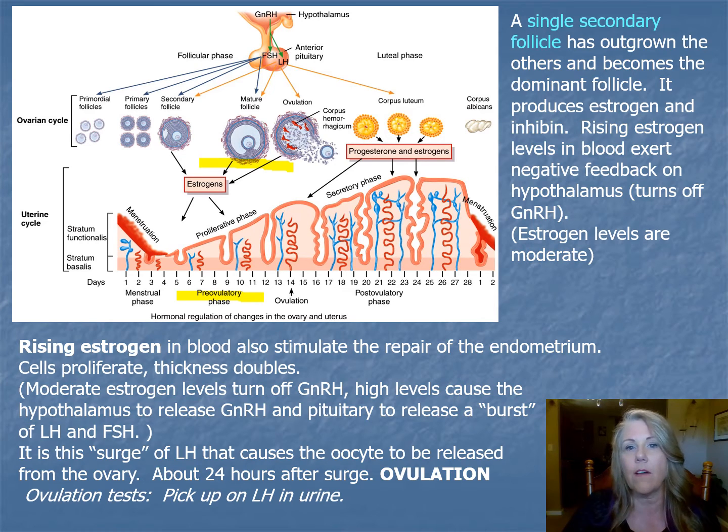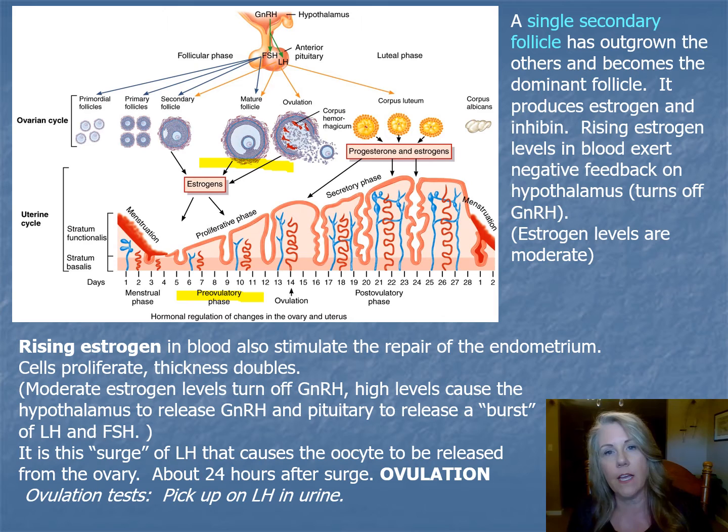The hypothalamus turns off the gonadotropin releasing hormone. If the hypothalamus does not release the gonadotropin releasing hormone, what happens in the pituitary? Hopefully, you said that the pituitary is not stimulated to release the follicle stimulating hormone and luteinizing hormone. So it basically turns the pituitary off from those hormones as well.